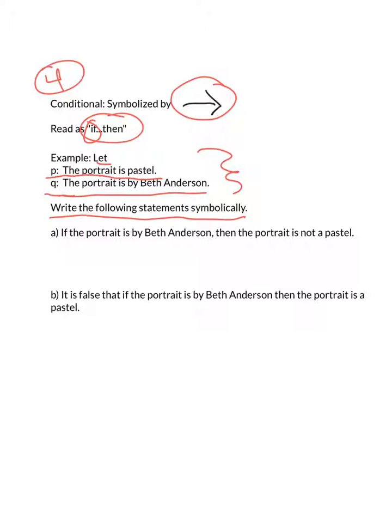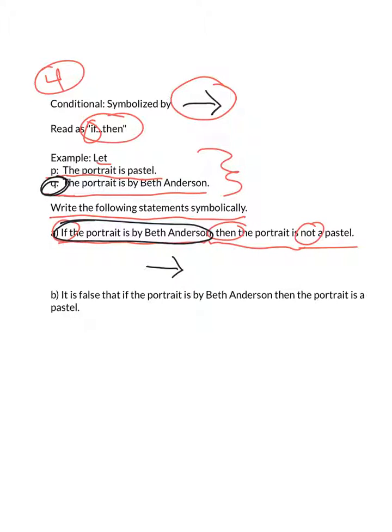Looking at A, it says if the portrait is by Beth Anderson, then the portrait is not a pastel. I see those key words, if, then, so that tells me I'm going to use my new arrow, the arrow pointing to the right. In the if portion, it says the portrait is by Beth Anderson. Don't let them trick you.